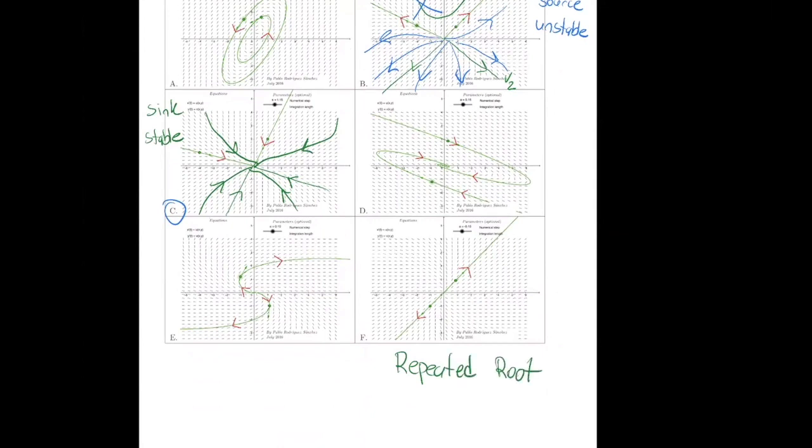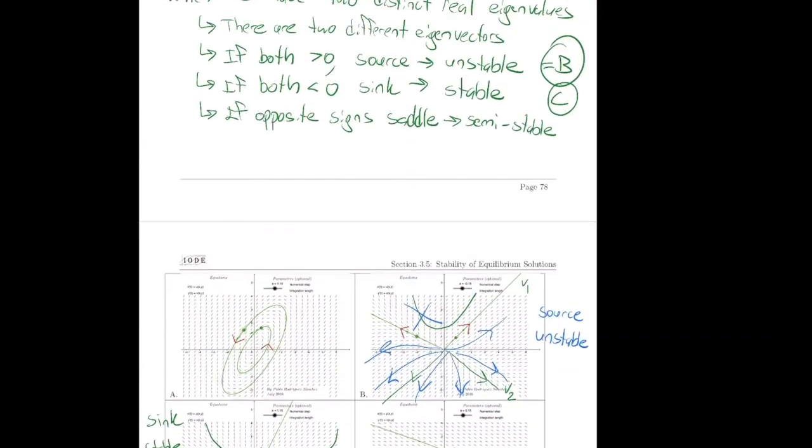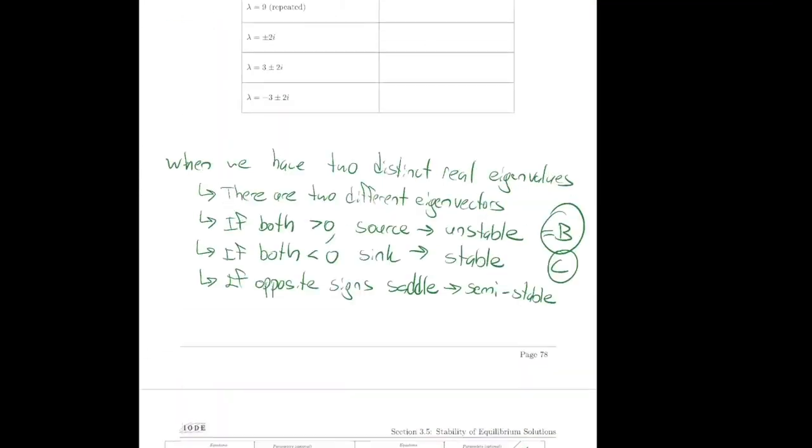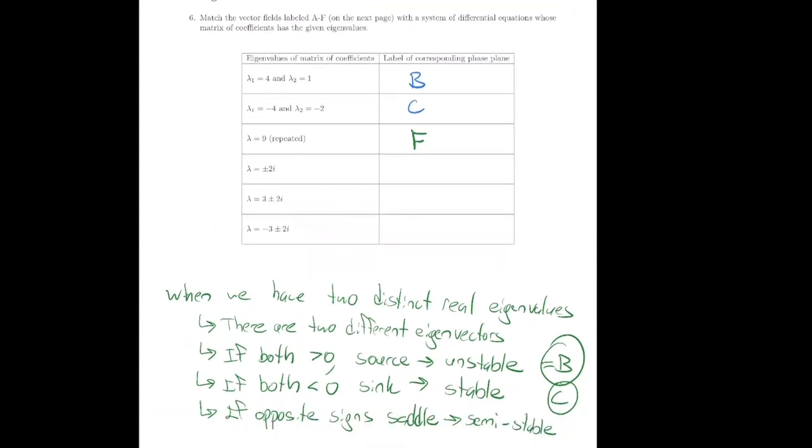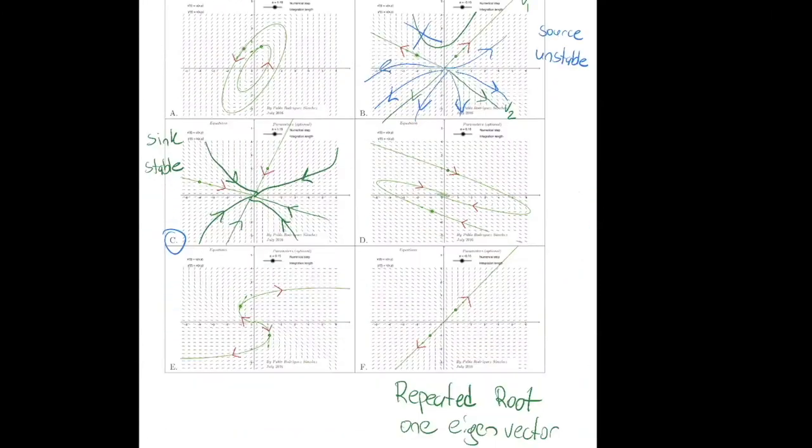What's keying us off about this one is that there's only one eigenvector. There's only one direction, which is going straight in. So F would correspond to that. Notice that the eigenvalue is positive, and that's why everything is going out from this one.